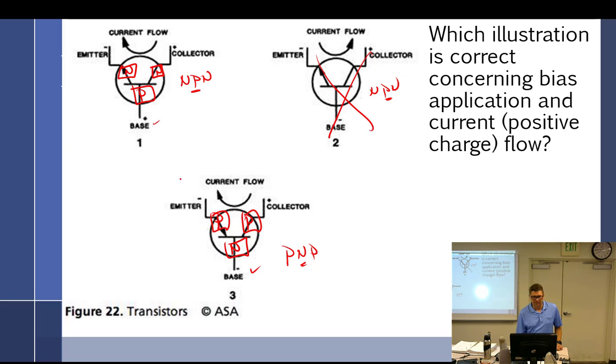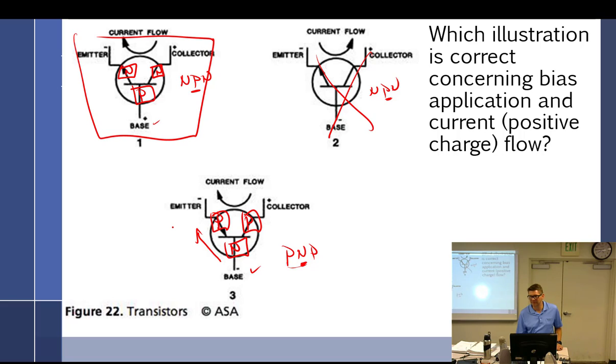So this has to be forward biased in order for it to work, which means that the base should be negative and the emitter should be positive. And is it? No. The base should be positive and the emitter should be negative. Yes. All right, so hopefully I did it right and that's the correct answer.